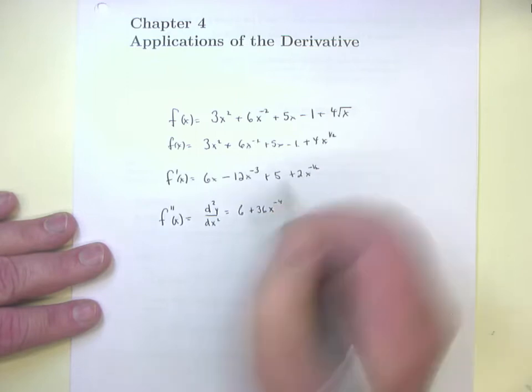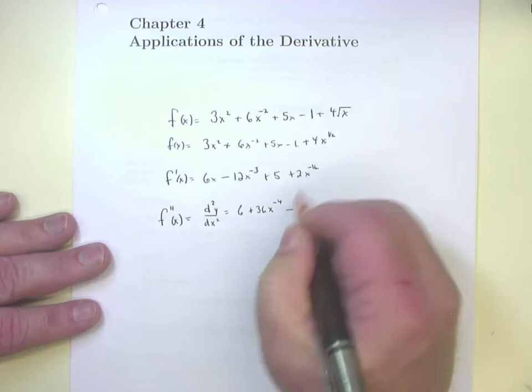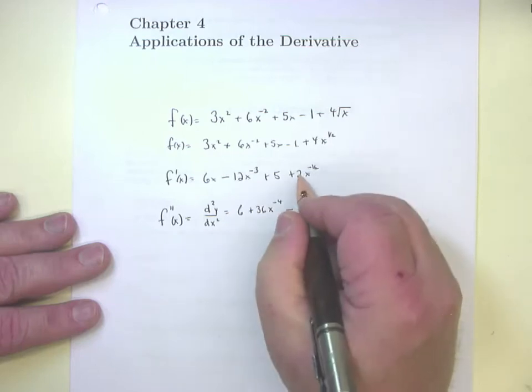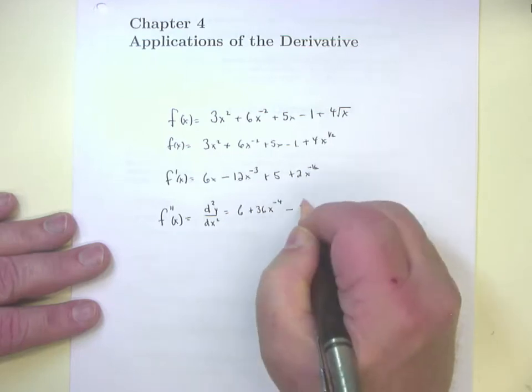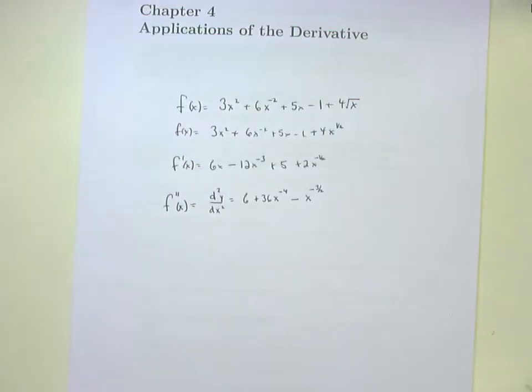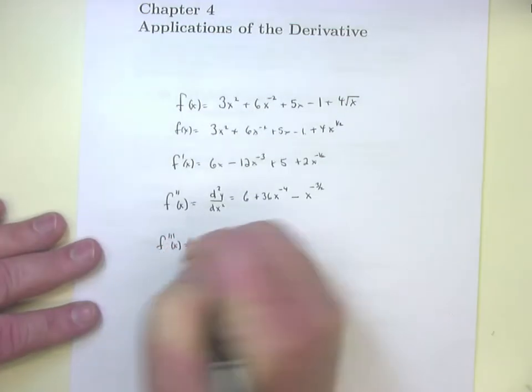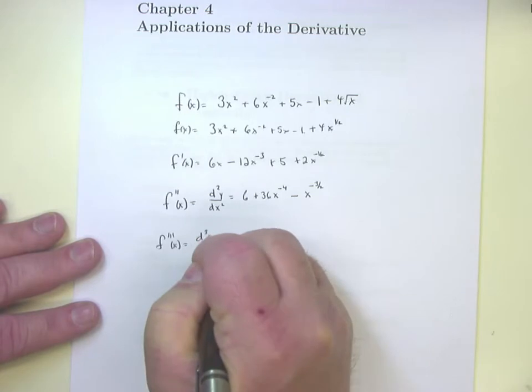Derivative of 5 is 0. Derivative of 2x to the negative 1/2 would be negative, 2 times the negative half is negative 1, x to the negative 3/2. There's my second derivative. The third derivative would be d cubed y over dx cubed.